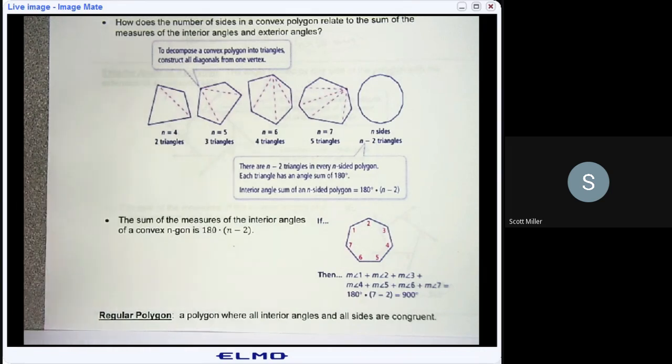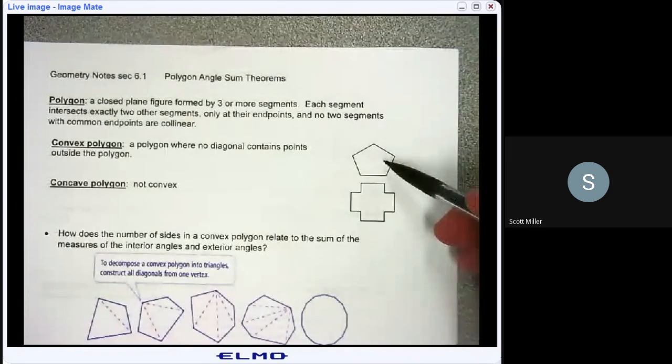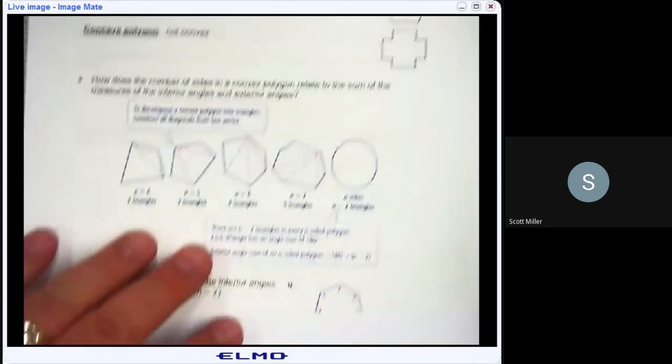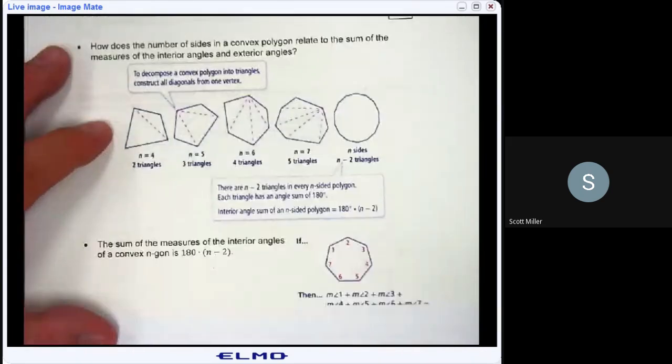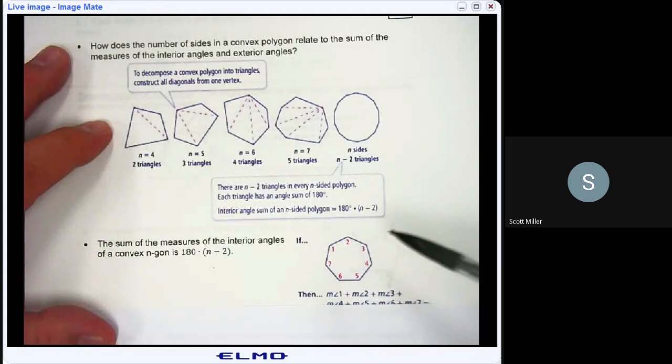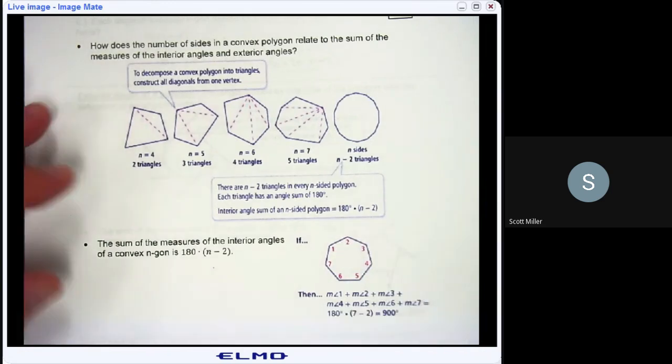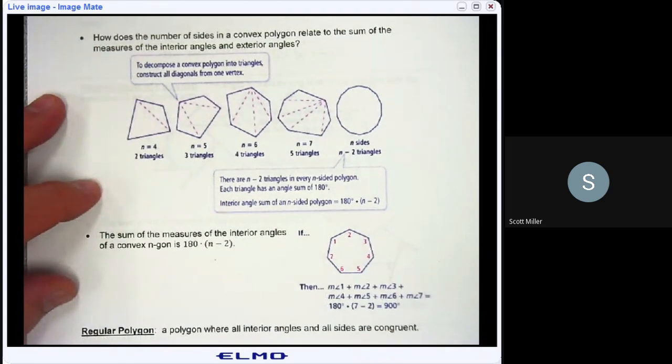For five sides, it would be something that looks like that, but all the angles have to be exactly the same. Okay, the hexagon. This one right here for seven, all the sides are the same length, all the angles are the same, and so that is what a regular polygon is.